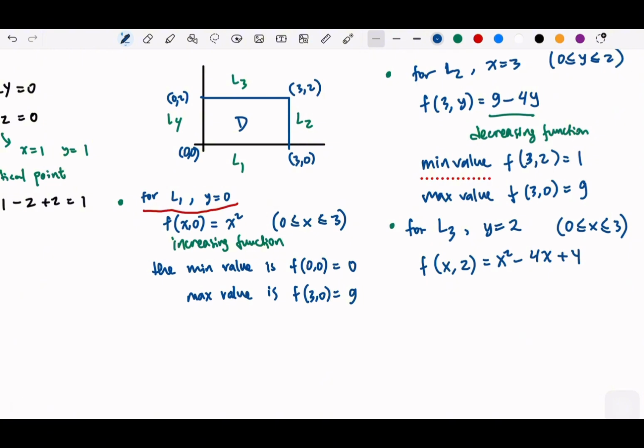We can rewrite this by factorizing it into a complete square: (x minus 2) squared.